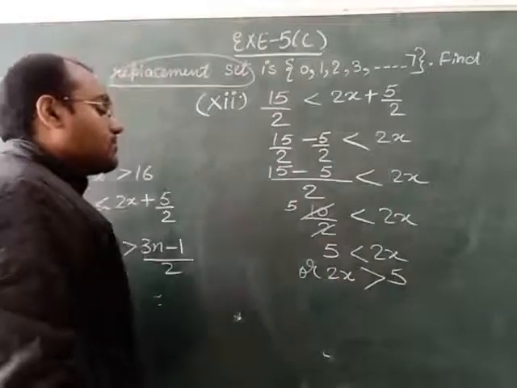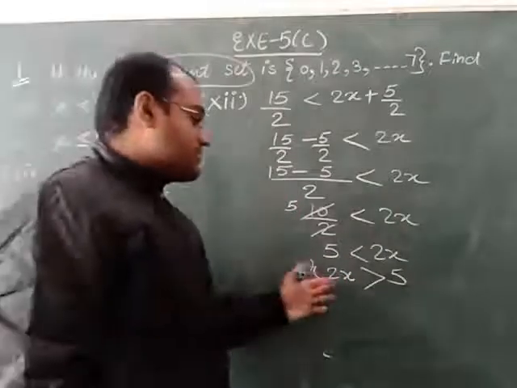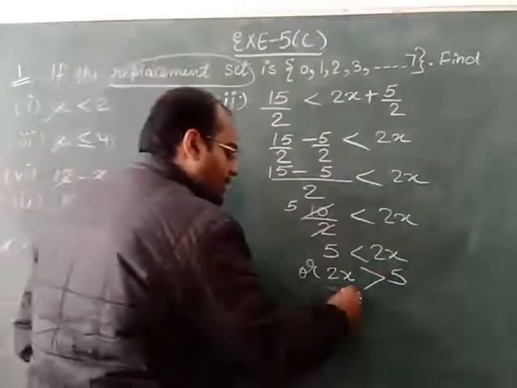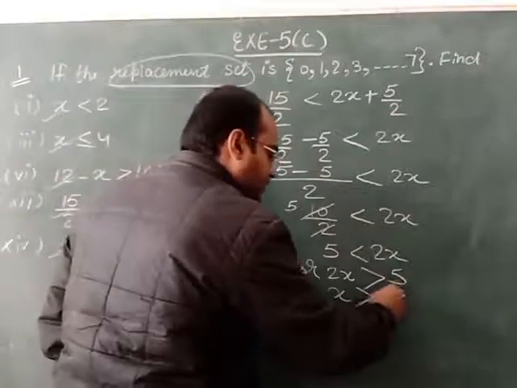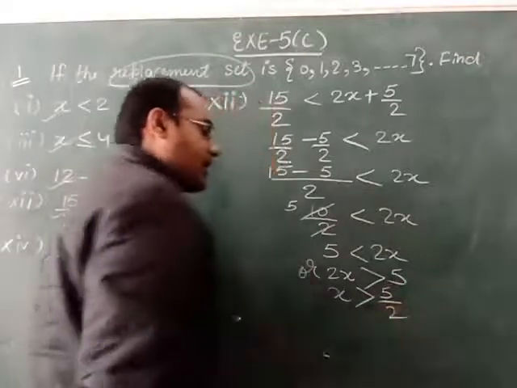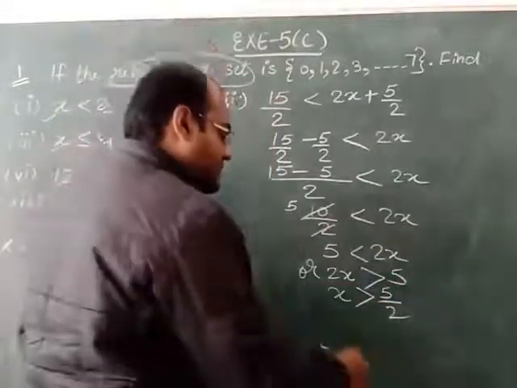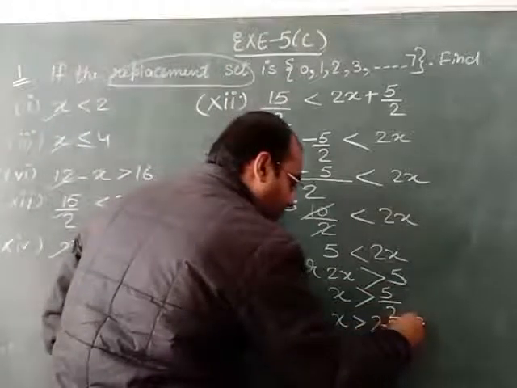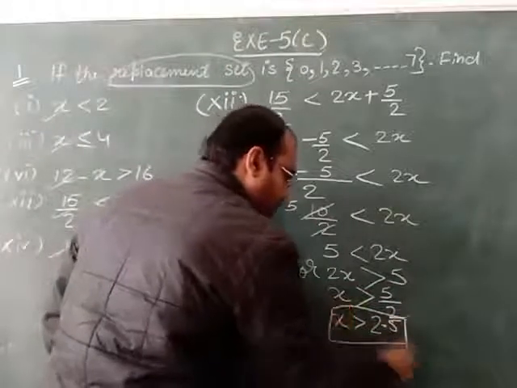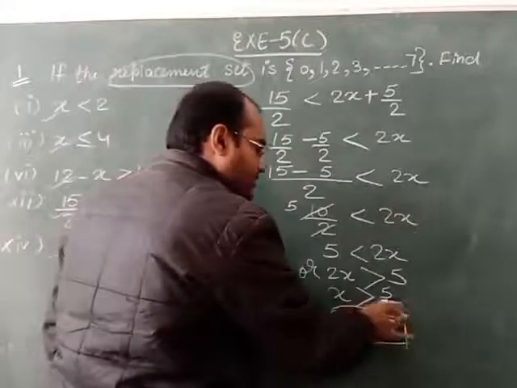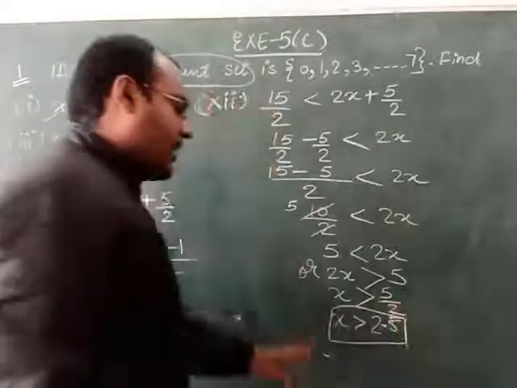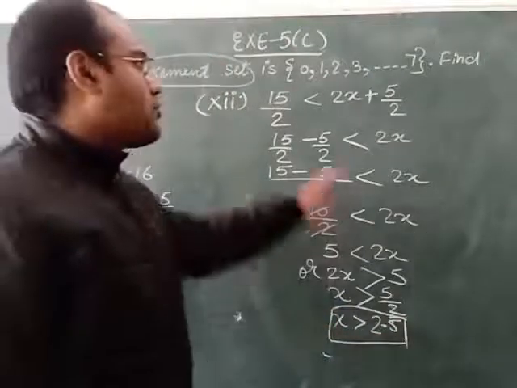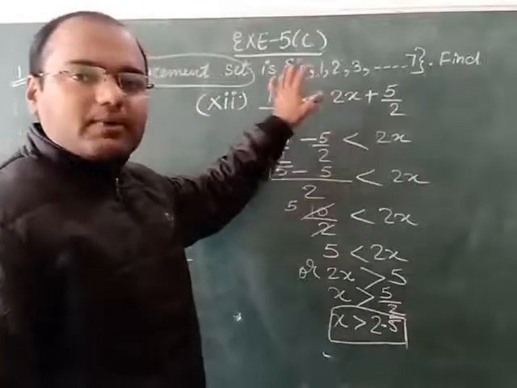Now this 2 is in multiply here. When we will bring it on the right hand side, it will come in divide. X is greater than 5 divide 2, and 5 divided by 2 answer is x is greater than 2.5. So number greater than 2.5 we will search here in the replacement set.